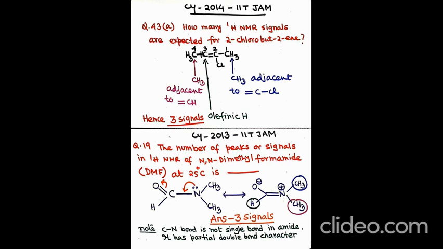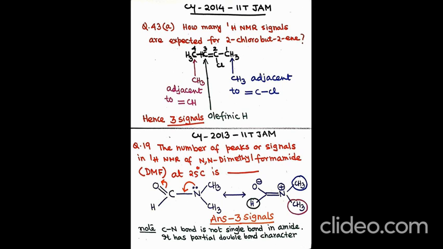Instead of considering the structure where carbon and nitrogen have a single bond, we should not consider that. We have to consider the partial double bond character between the carbon and the nitrogen, which means you have to consider the resonance. If we consider the resonating structure of N,N-dimethyl formamide, which I have written on the right hand side, it is very clear that at room temperature 25 degrees centigrade, N,N-dimethyl formamide will give rise to 3 signals in its 1H NMR, not 2.